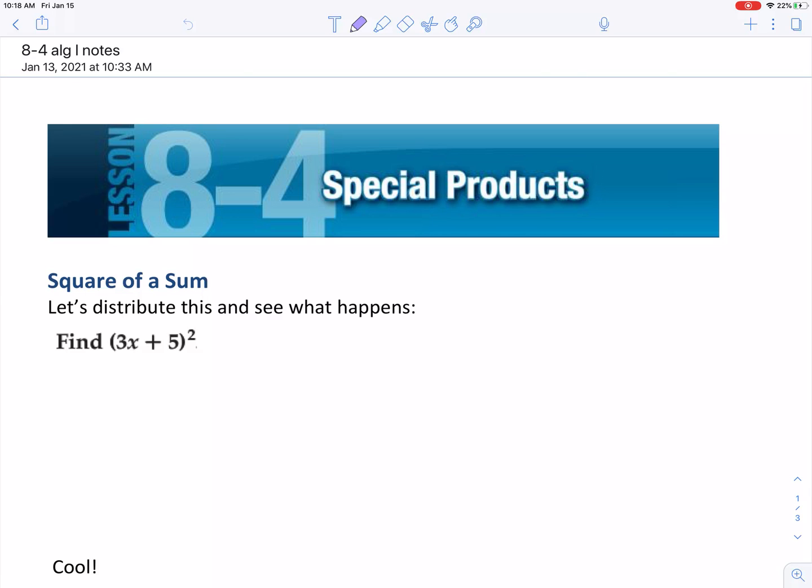Basically, what I need you to know about this is when we're squaring something, that is not distributing the squared and calling it good. No, you need to recognize that that means you have 3x plus 5 being multiplied by 3x plus 5.